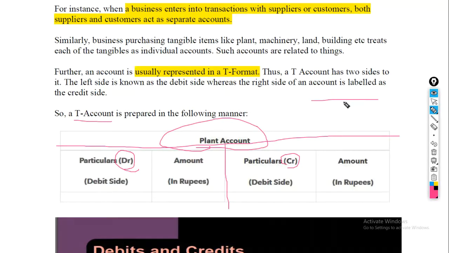This is the debit side, represented by DR, and this is the credit side, represented by CR. Here comes the debit entry, here comes the credit entry. Suppose this is a cash account.